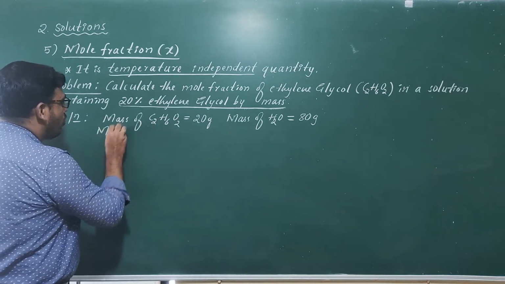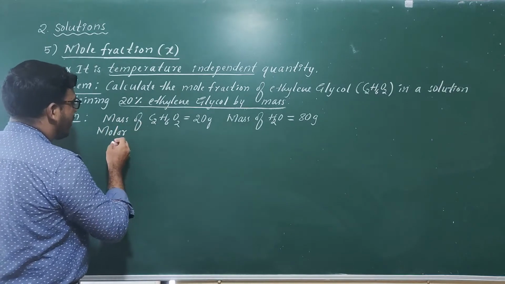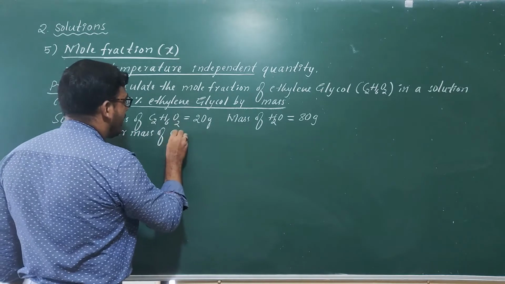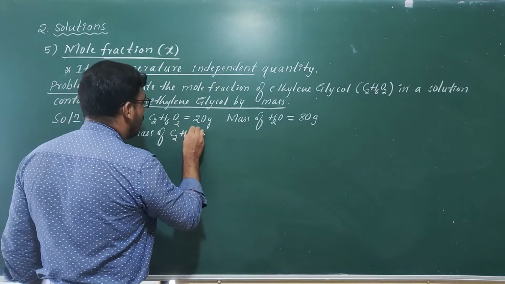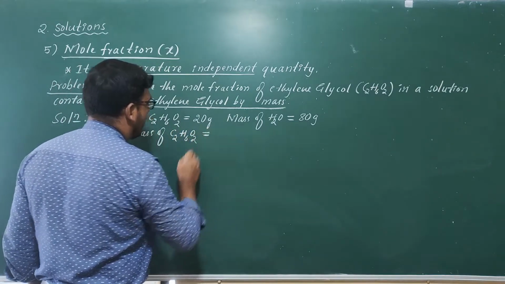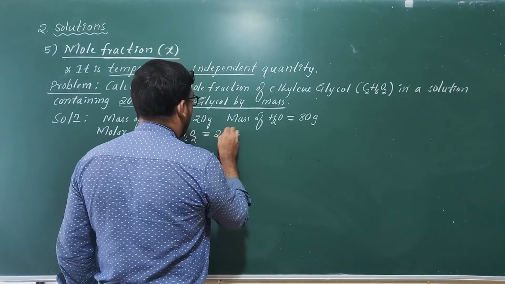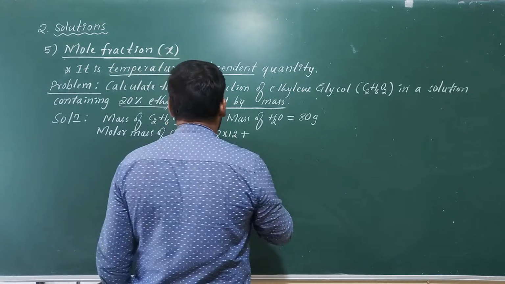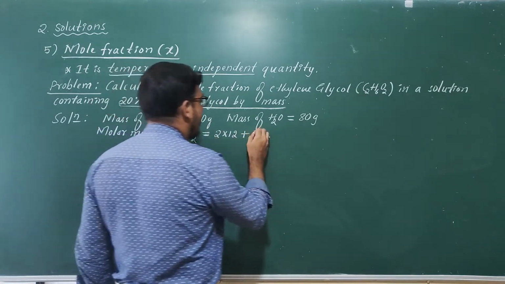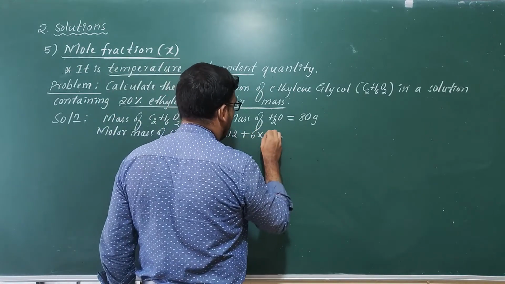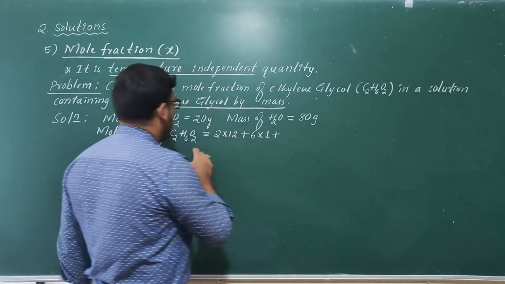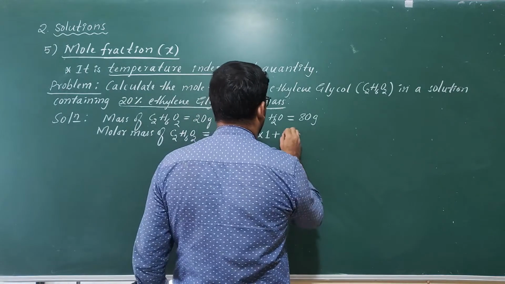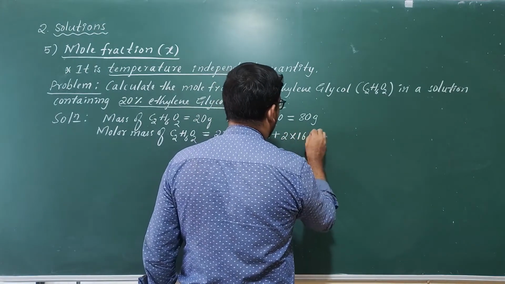Now the molar mass of ethylene glycol, C2H6O2, is equal to, see here 2 carbon atoms, so 2 into 12, plus the atomic mass of hydrogen is 1, so 6 hydrogens, 6 into 1, plus 2 oxygens, and the atomic mass of oxygen is 16, so 2 into 16.